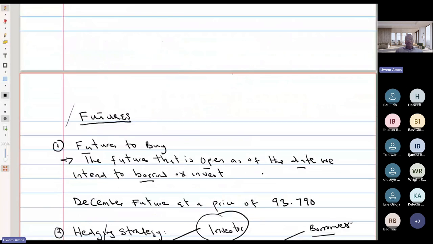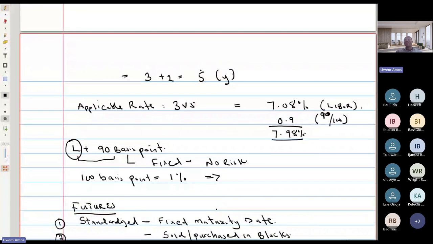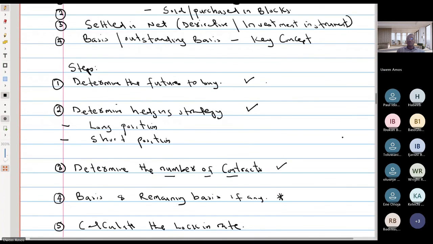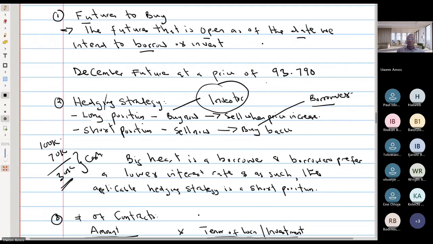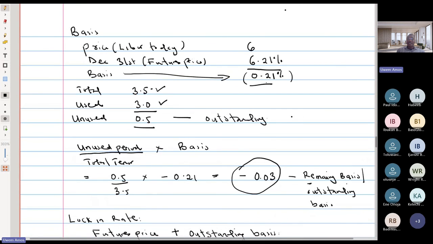Our interest rate without the fixed element is the same for everybody. So whether you're doing FRA, futures, or option, the fixed element is the same. So if Mr. Bighart had done FRA, he's looking at 7.08%.